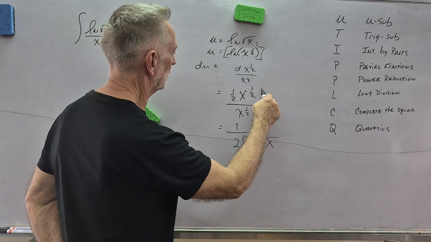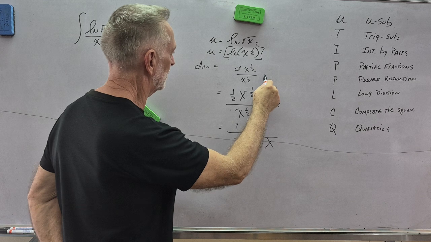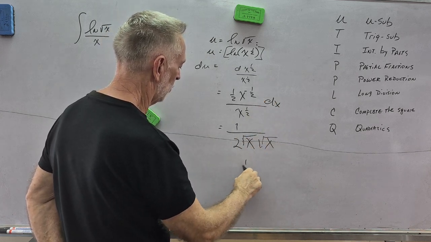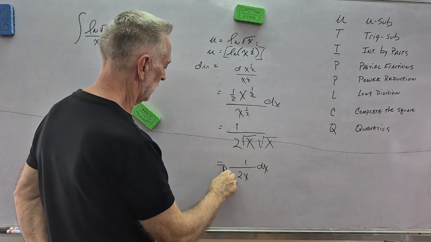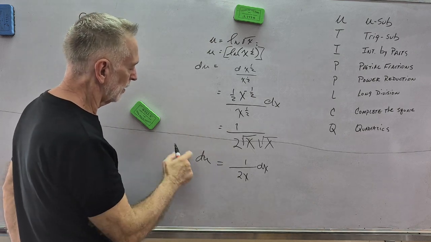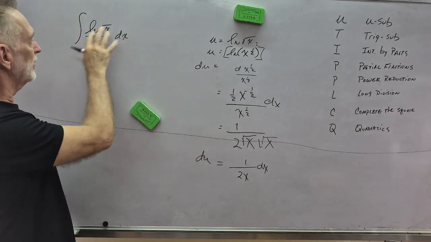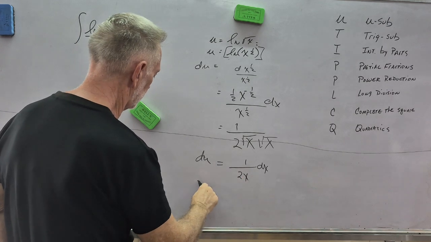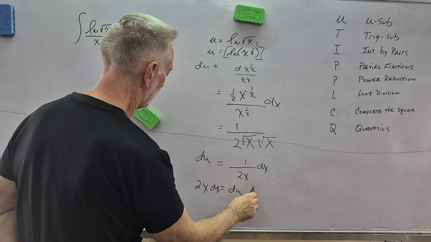Oh, and that's dx, by the way, because I took the derivative of that with respect to x. So I have 1 over 2x dx. That equals du. Well, if I'm trying to solve for dx, because I'm trying to take all of this to the u world, if you will, so 2x du equals dx.